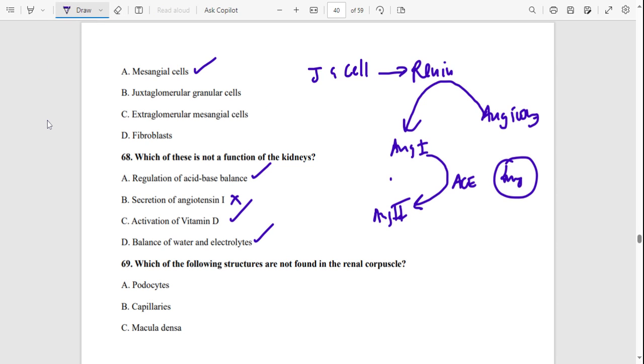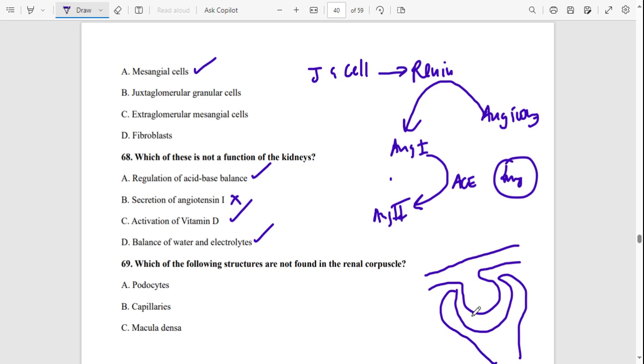Now question number 69. Which of the following structures are not found in the renal corpuscle? The renal corpuscle is just made up of the glomerulus and also the Bowman's capsule. You are also going to find some kind of connective tissue.